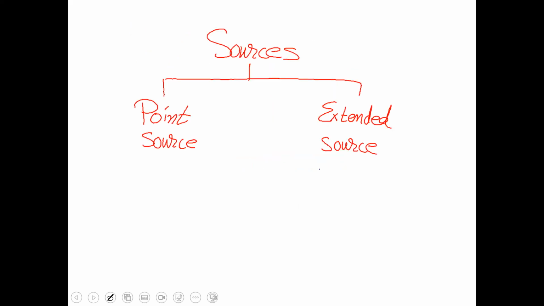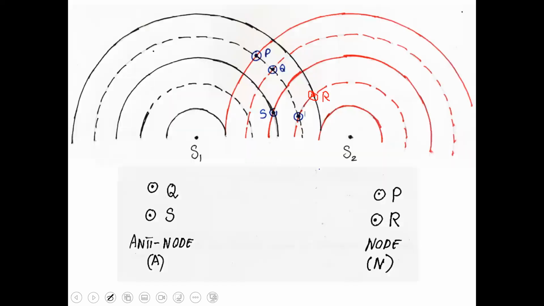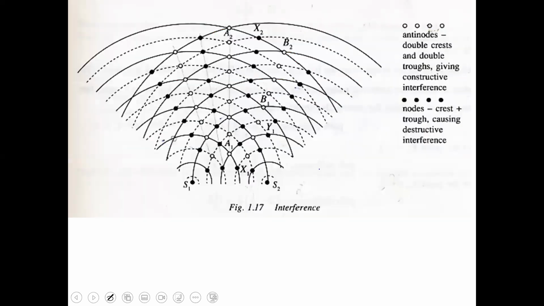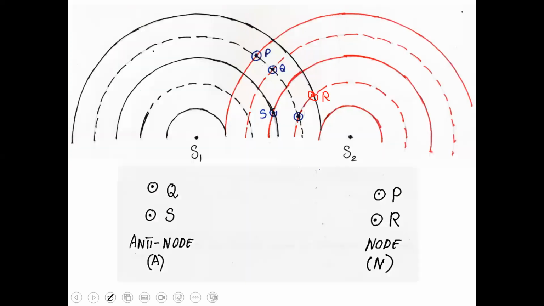There are two types of sources, point source and extended source. Now look at this very important diagram. There are dotted lines, trough, crest, and this is a bit better version of the same diagram.